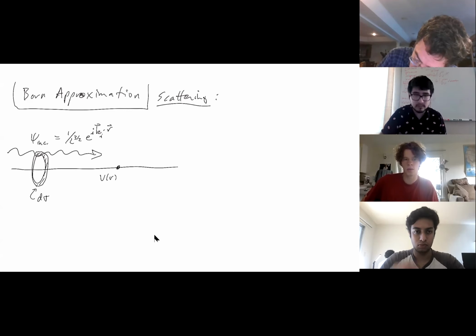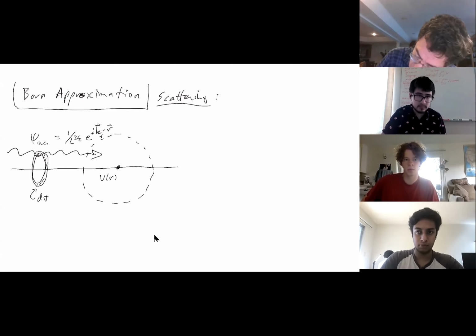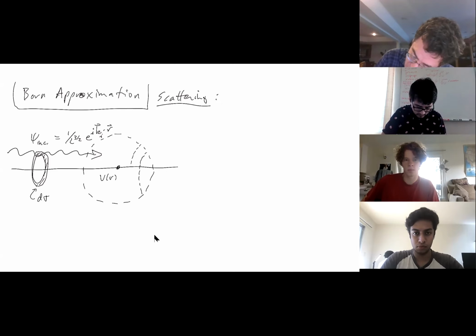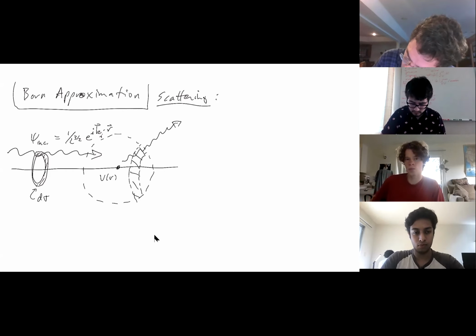And so I draw a sphere around that spherically symmetric potential, and I consider scattering into some solid angle, and then I get scattering into the new state, which I'll call my final state, which I'll draw right here.